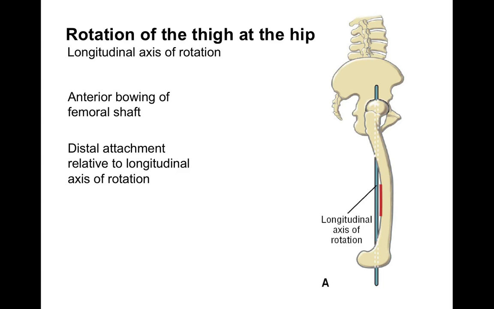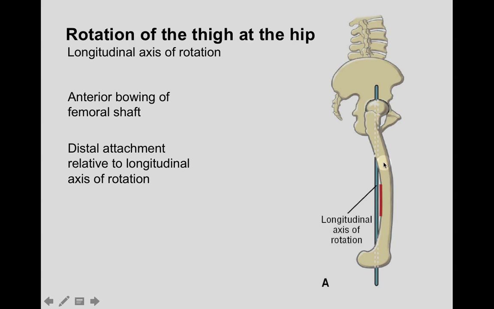So bear with me as we look at the skeletal anatomy of the lower extremity in this illustration, showing the longitudinal axis of rotation down the center of the head of the femur and the middle of the femoral condyles. The shaft of the femur has an anterior bend to it, or anterior bowing.